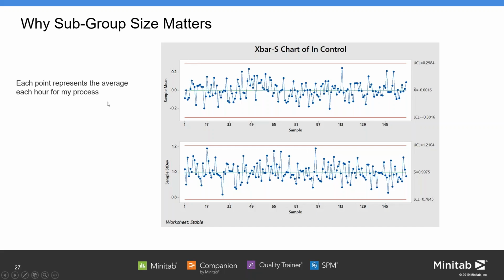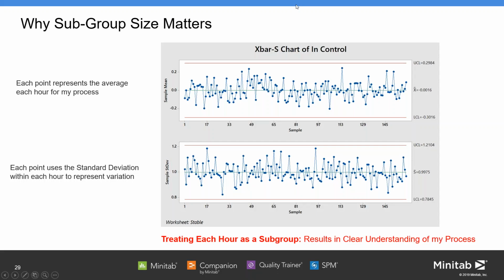You can see the X bar S chart that I've created. In the top chart, each blue dot represents the average for each hour of my process. In my bottom chart, each point uses the standard deviation within each hour to represent the variation. I'm still using my full data set, but you can see in my results that treating each hour as a subgroup results in a clear understanding of my process.